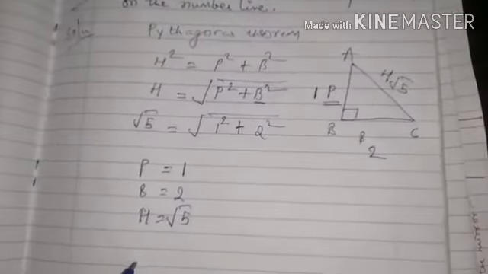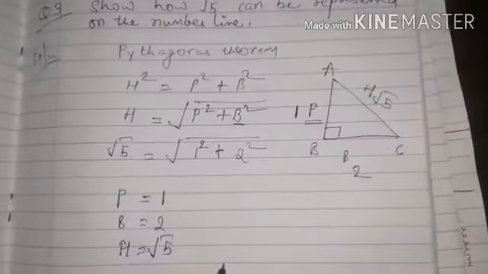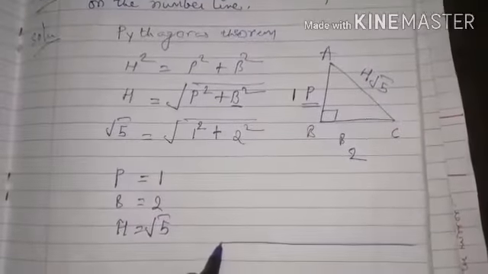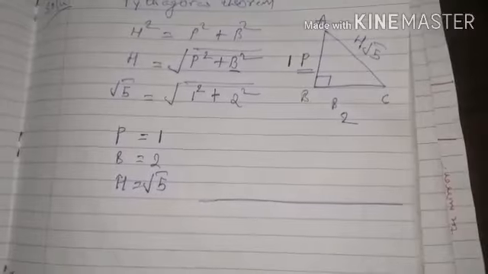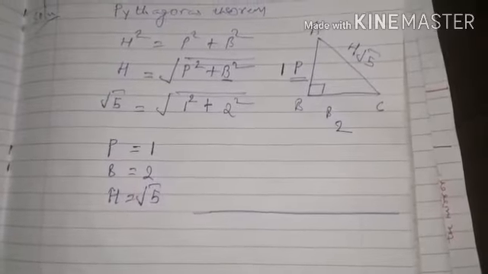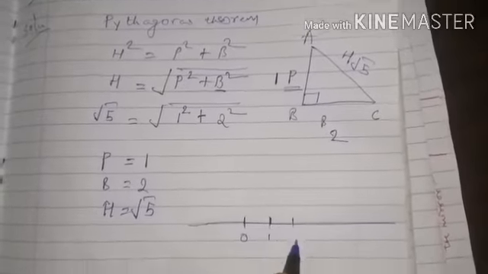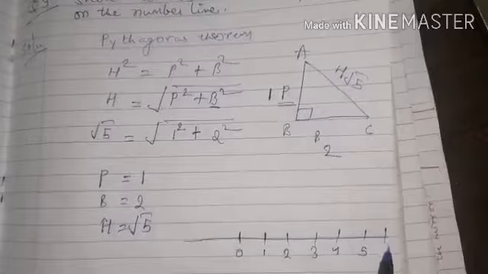Now to plot this on the number line, first of all we have to make a number line. For the number line, actually every real number can be plotted on the number line. So if we are plotting root 5 on the number line, first we have to make sure that we are marking the points 0, 1, 2, 3, 4, 5, 6.